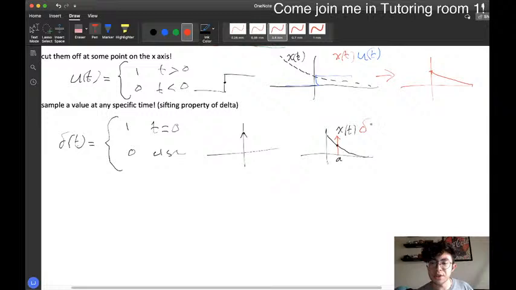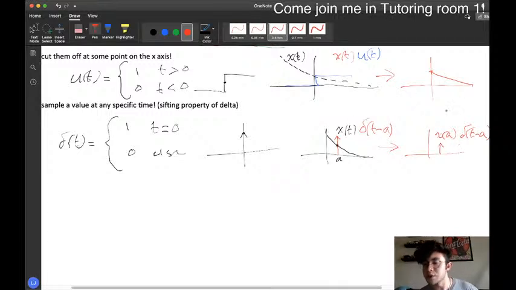So this is delta of t minus a, remember, because we can shift it to the right. This would give us just a spike at that same a value, but scaled to the value of our x of t. So this would be x of a times delta of t minus a. This is just a scaled delta.